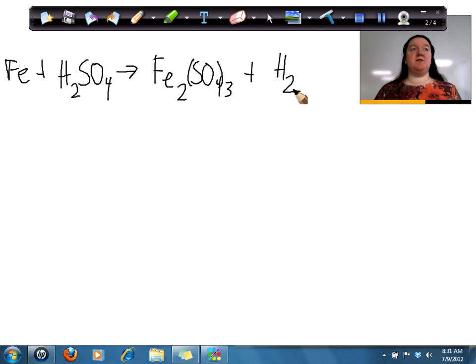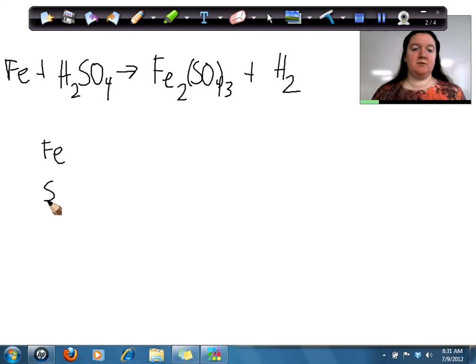So here we have several different elements that we need to deal with. We have our iron, then we have our sulfur, then we have hydrogen and oxygen.